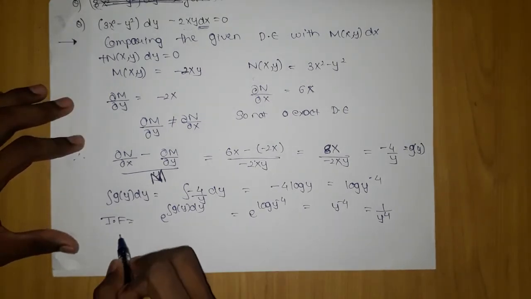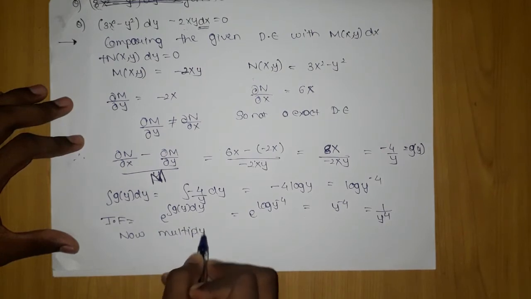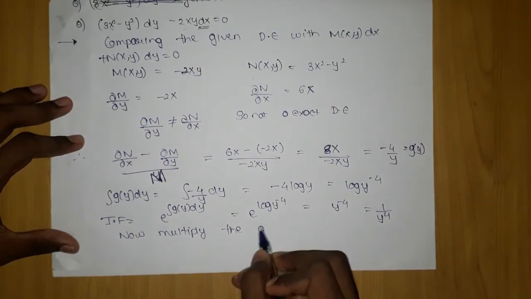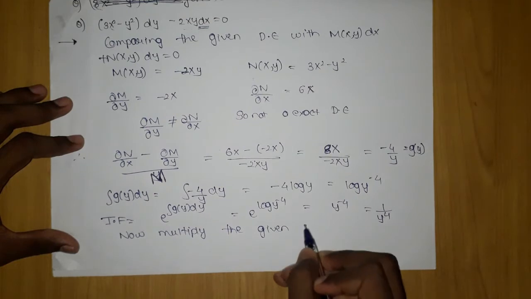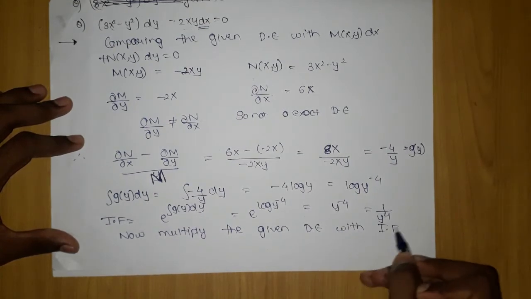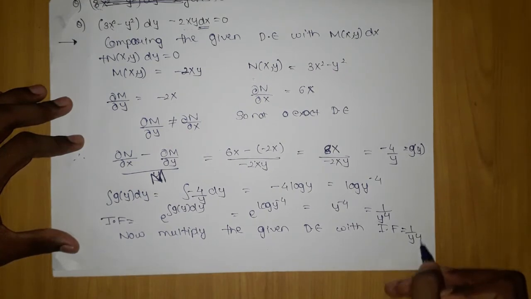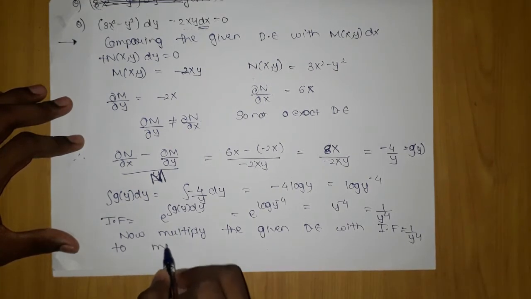Now just multiply the given differential equation with the integrating factor 1 by y raised to 4 to make it exact.